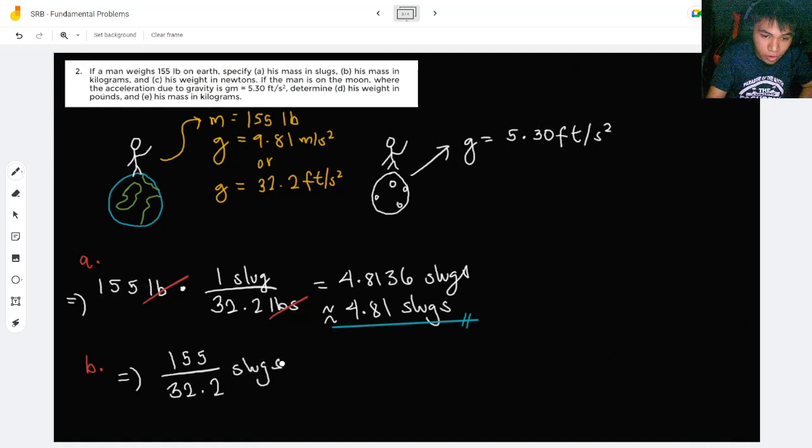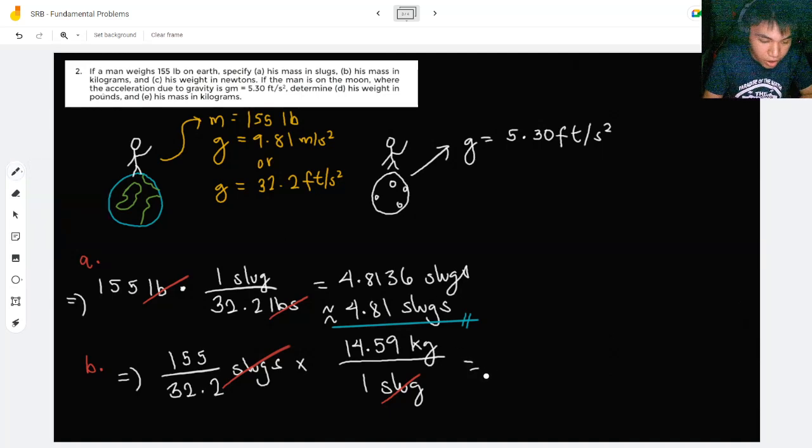To get an accurate answer, we're just gonna do this: 155 over 32.2 slugs. Again we want an accurate answer, and we really don't want to take the rounded off value for now, since it has some additional digits that I didn't put. And we multiply this by 14.59 kilograms per 1 slug, and then we can just cancel again.